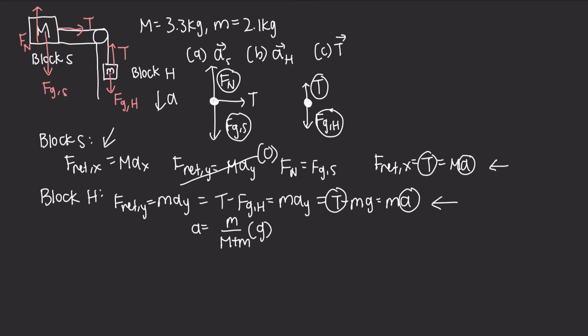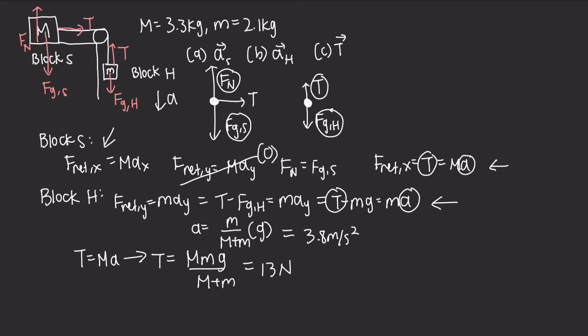And then we can substitute this into the equation T equals ma to get that T equals m times M. Sorry, there should be a big M. M times m, g over M plus m. And putting in the numbers, we get that the acceleration is equal to 3.8 meters per second squared, and the tension equals 13 newtons.